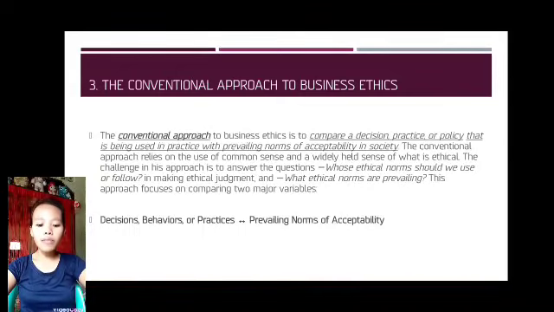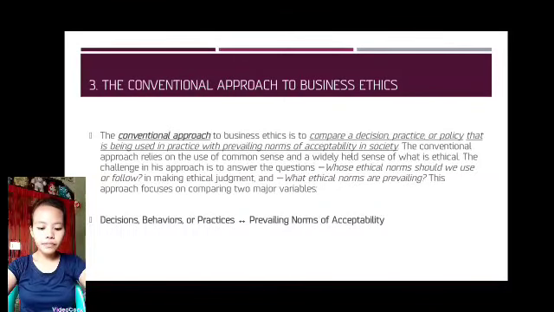We have the common sense of doing what is good or bad. So why should we do the bad one if we know that it is not good? So in the conventional approach, it really matters what the good or ethical values are that you must have in the business.